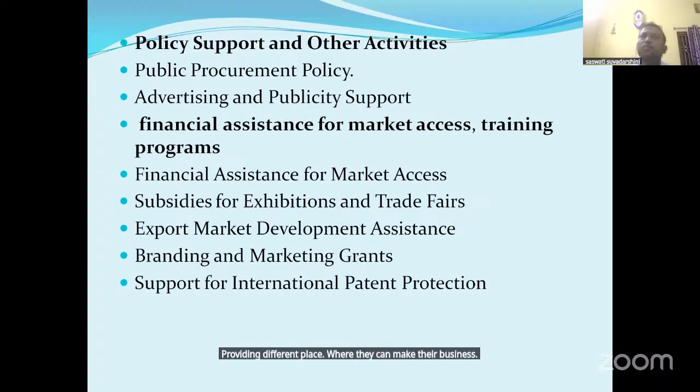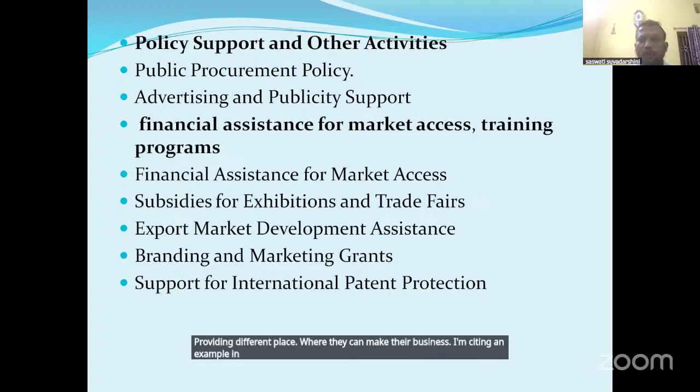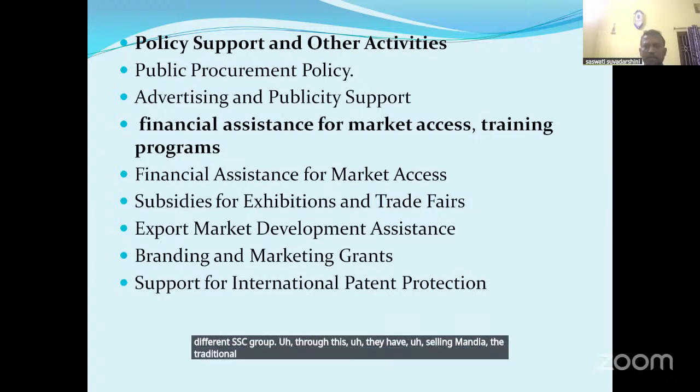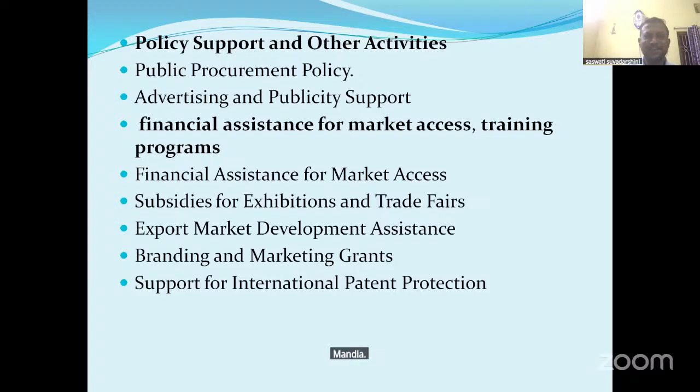I'm citing an example: if you go to Kalinga Stadium, you can find different SHG groups there. They are selling mandia, the traditional items or traditional products. Mandia, bajra, jowar, and all these things. These SHG people are selling. They have got 2 counters.